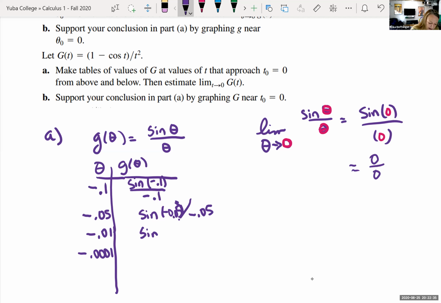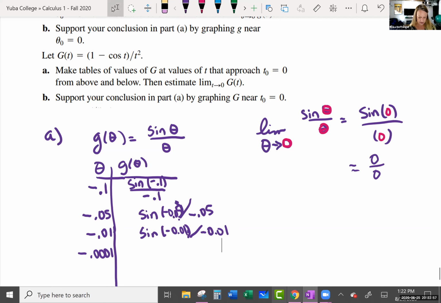So let's go see what's happening as x is getting closer and closer to 0 on the left. Let me pull up Desmos.